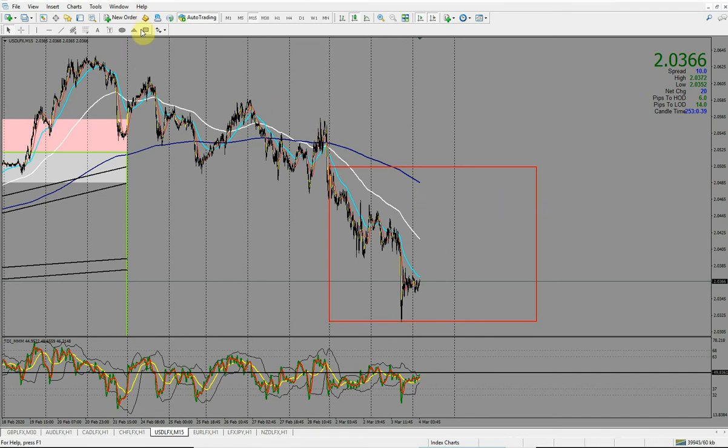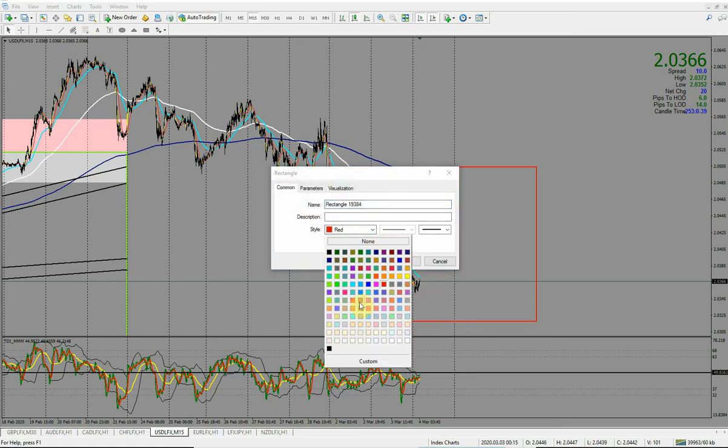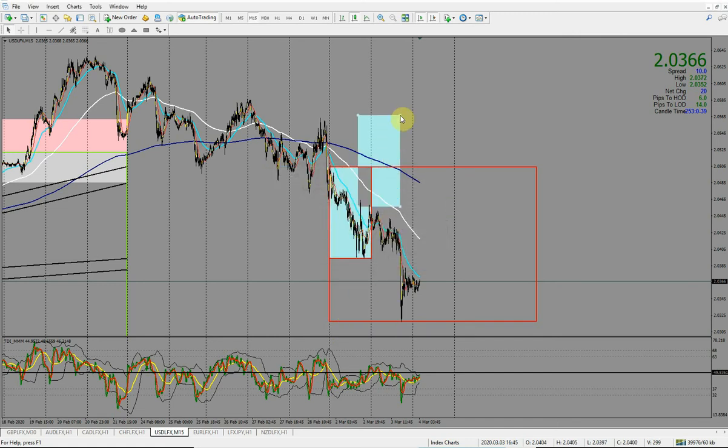So it's a 5-day cycle. Let me just highlight Monday, and then also do this. Turquoise. There we go.